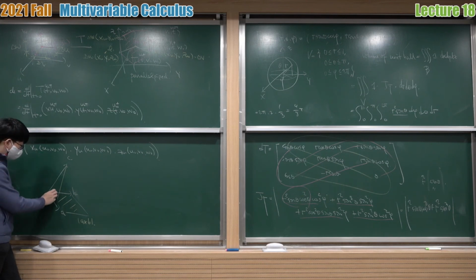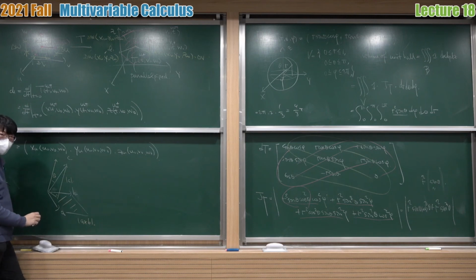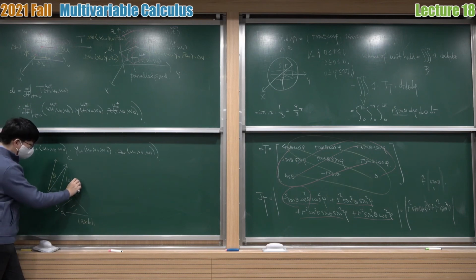If you know the theta between the orthogonal vector to A and B with C, so let's say this is theta, then the height is C times what? Cosine theta.